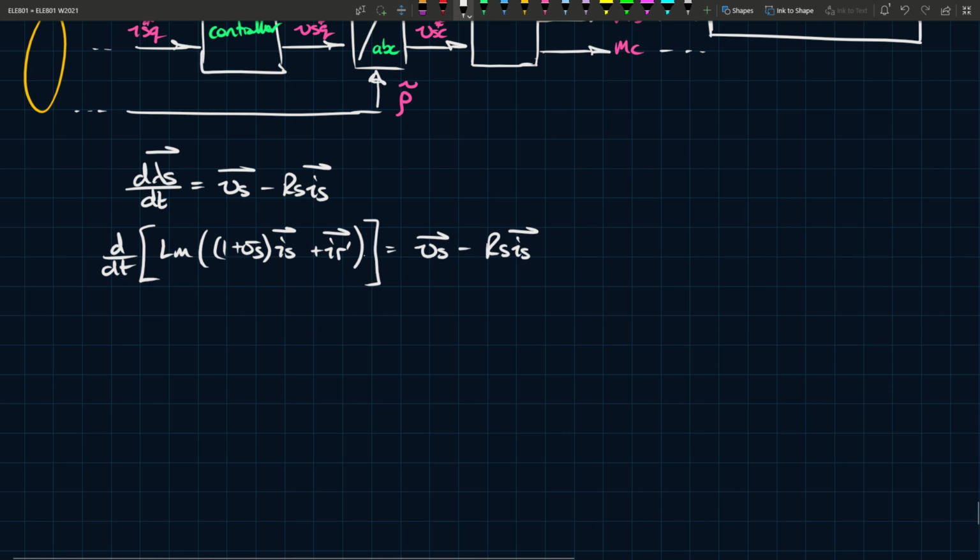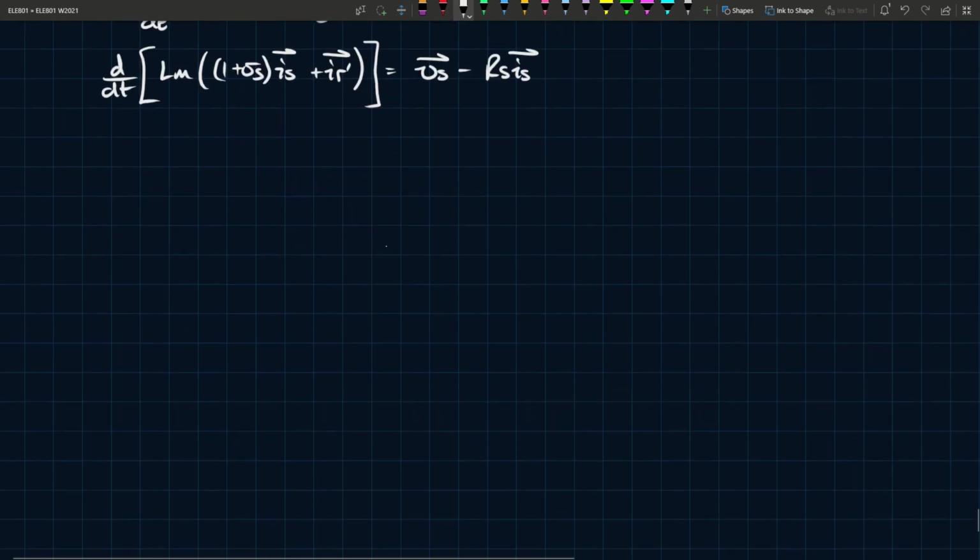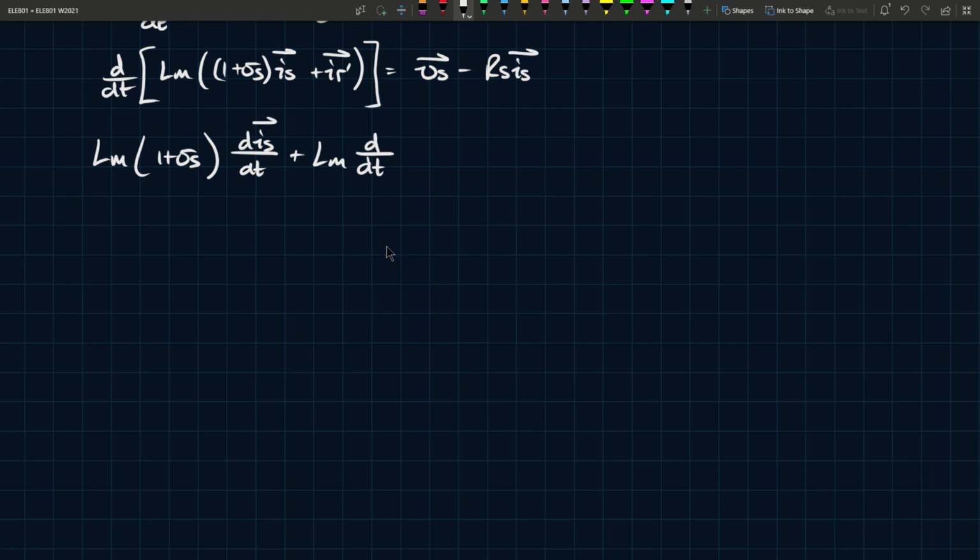Now we had an expression for IR prime. If you recall, we had IR prime in terms of IMR and Is. So we can make that substitution as well, and we can also simplify this derivative term a bit. So we can say Lm (1 plus sigma s) dIs by dt plus Lm d by dt of (IMR e to the j rho minus Is) over (1 plus sigma r).